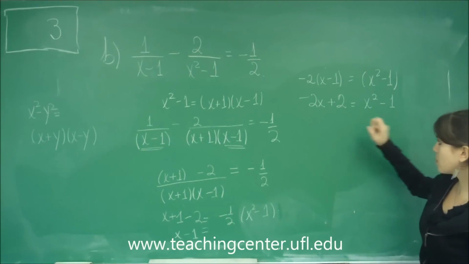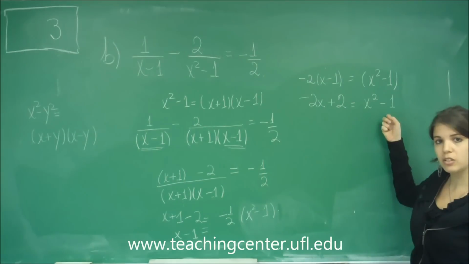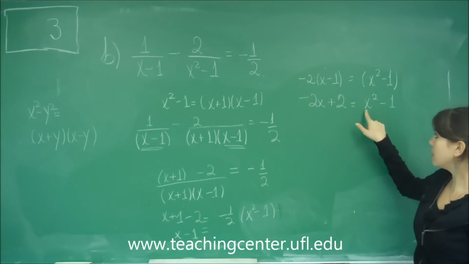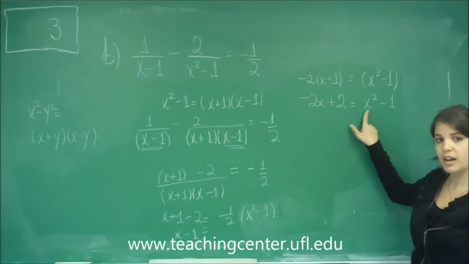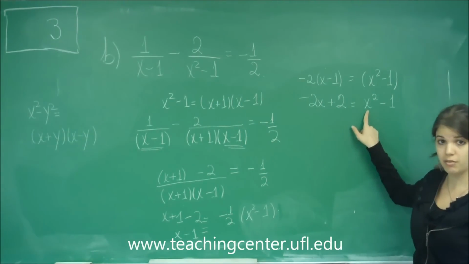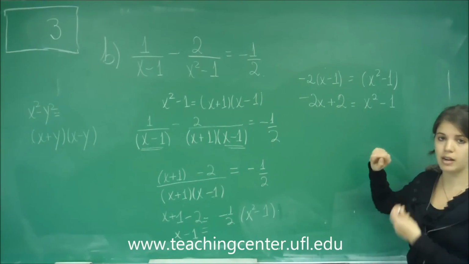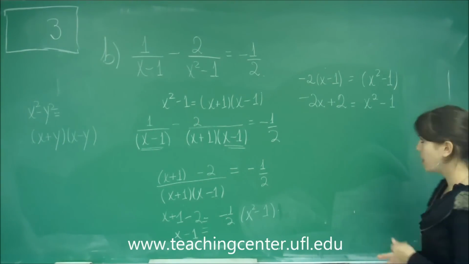The reason I'm moving it to this side is because, remember, whenever you want to factor something, you want the x squared, or the highest power variable, to be positive. You never want that to be negative. If it's negative, you want to divide everything by negative 1 and convert it into positive.